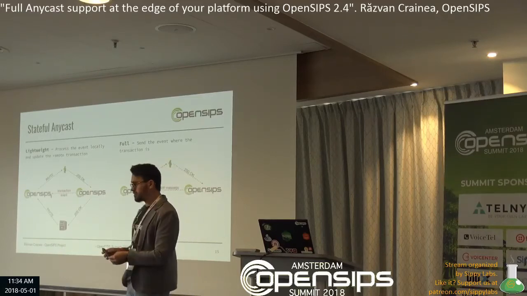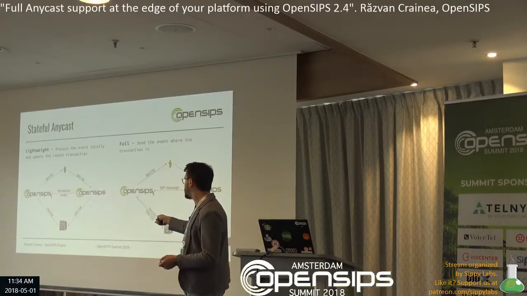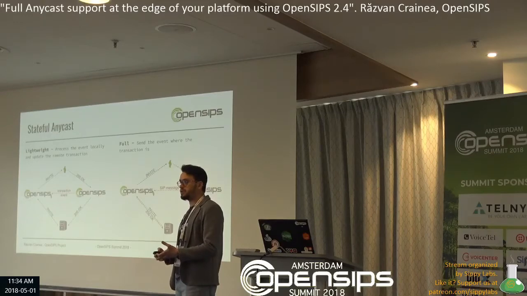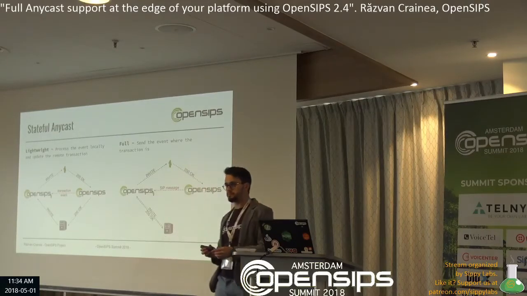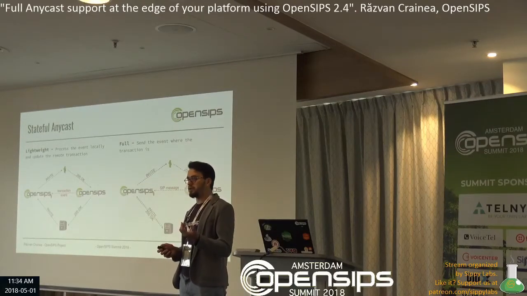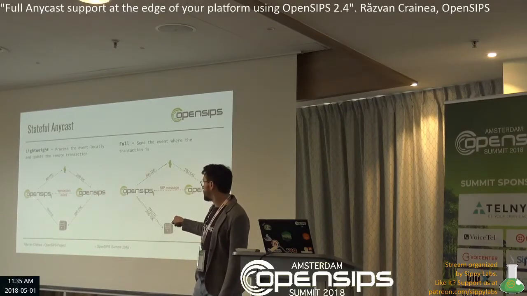However, the problem with this approach is that the transaction is only present here. So here, you don't have enough information about the transaction to actually make any changes. For example, a simple example is whether you need to engage RTPproxy or not on this leg, because that's what you decide on this leg, right?